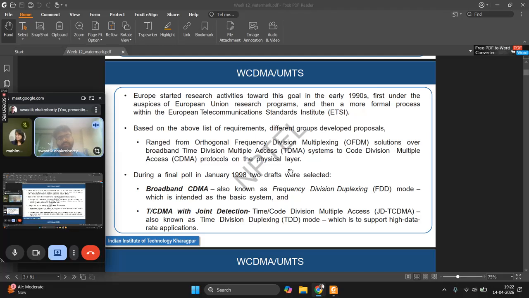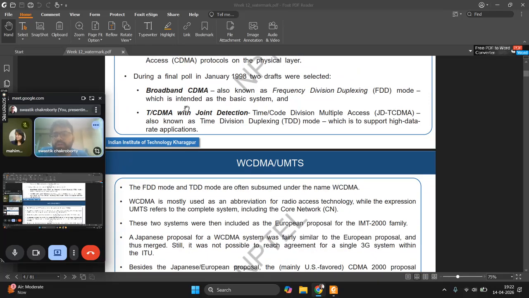Two drafts were selected out of those: wideband CDMA, also known as frequency division duplexing or the FDD mode, and TD-CDMA, time code division multiple access, also known as time division duplexing or the TDD mode. So FDD and TDD were the two drafts, the two ways in which it was accepted that CDMA can be implemented in the third generation of mobile communication.